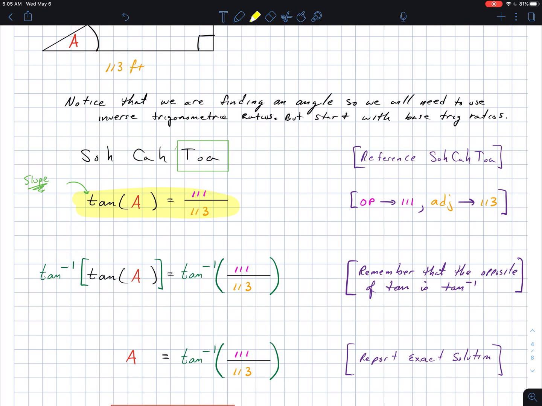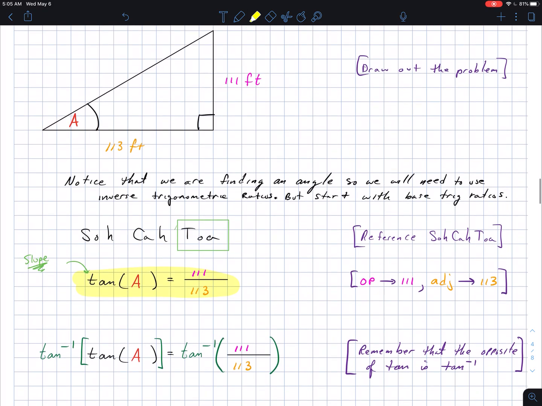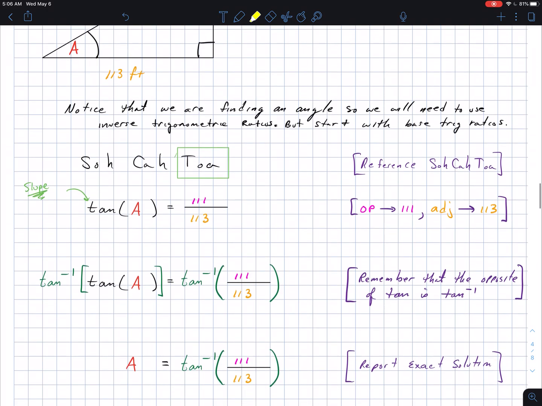So the tangent of our angle, A, is equal to the opposite, 111, divided by the adjacent, which is 113. Okay? So I wrote it out this way, and I'm hoping that's probably the easiest way to say it for people to remember.